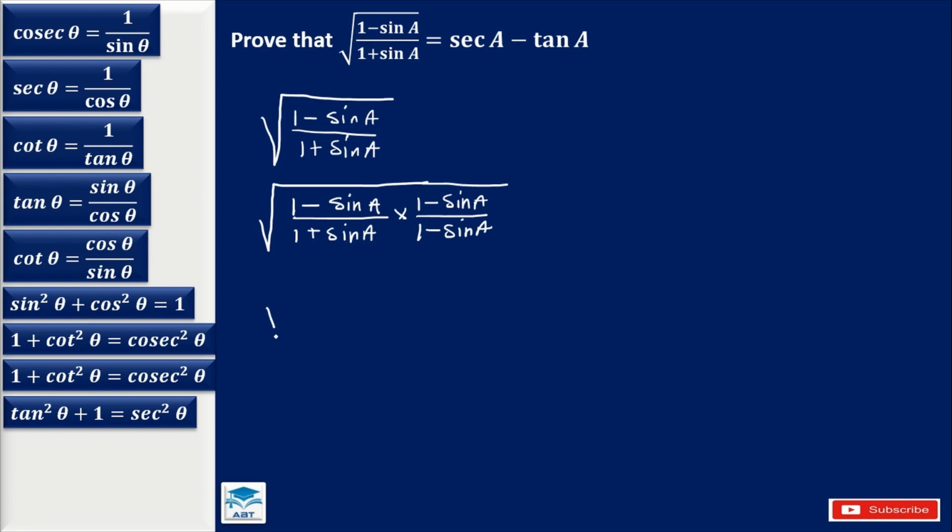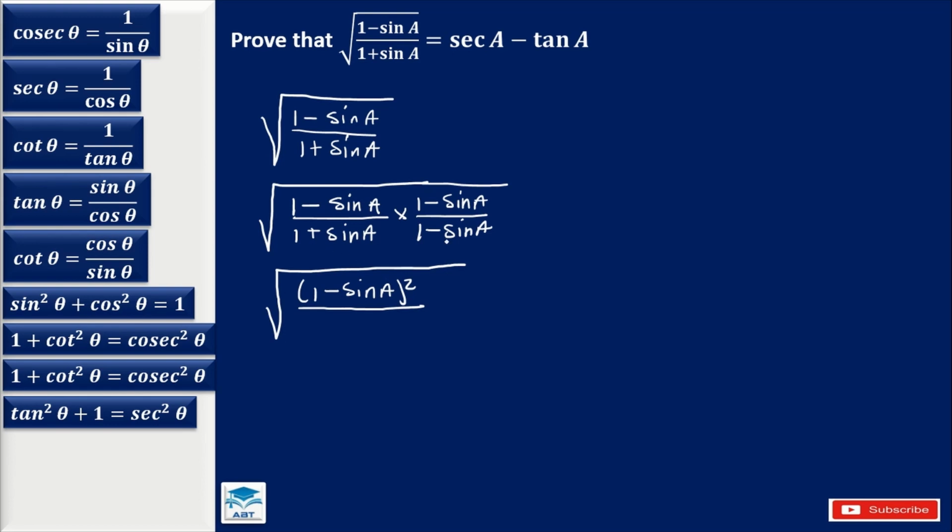So we have the square root of, this is 1 minus sine A squared. 1 minus sine A times 1 minus sine A is 1 minus sine A squared.